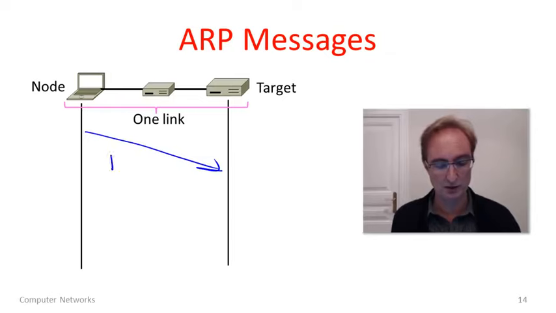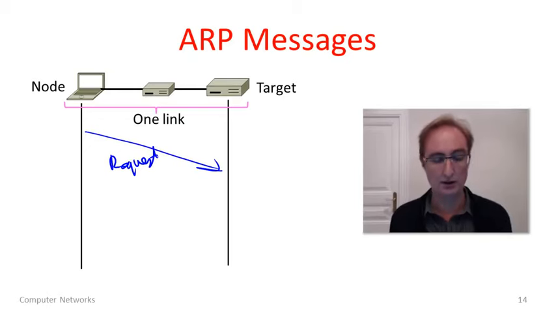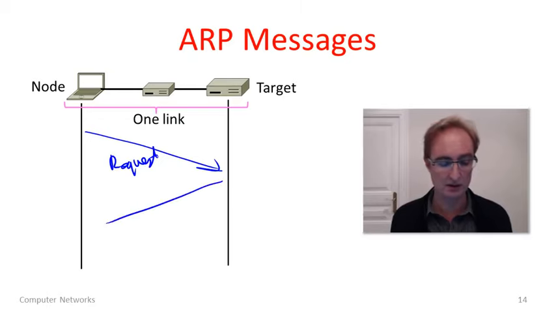In this protocol, we simply send a request, and then the request is broadcast across the network. Everyone will get it. The request is going to be looking for the Ethernet address that corresponds to a certain IP address. Whoever has that IP address will get the packet, say, oh, someone wants to know my Ethernet address, look up what their Ethernet address is, and send it back to them in a reply.